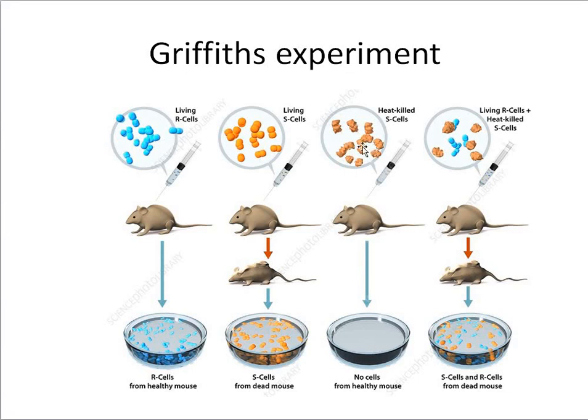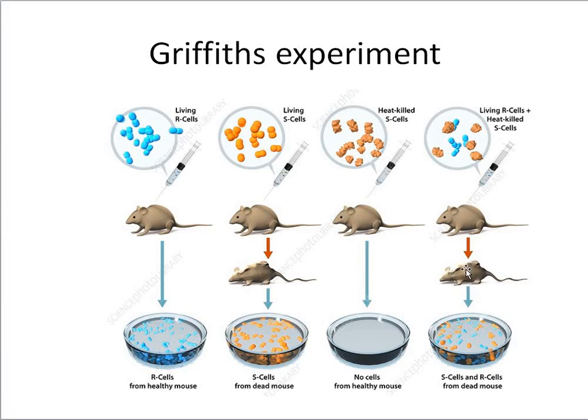But when these dead cells were mixed with the living R cells together and then injected into mice, now you see, the R cells do not cause disease, and the killed smooth S cells do not cause disease. We saw this in the earlier cases. But when both of them were mixed together, the mouse in which it was injected died.